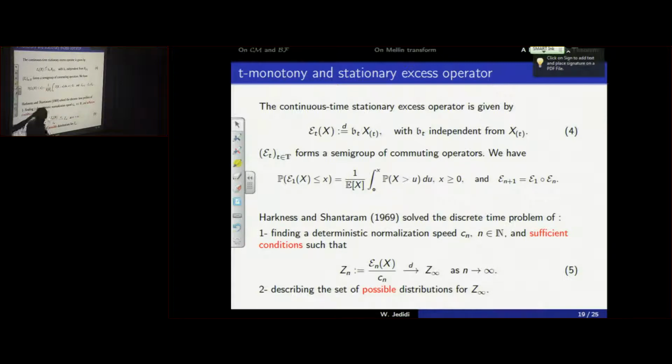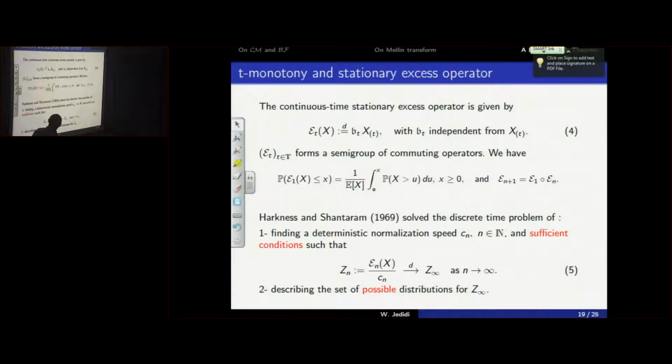Then, if you look at the nth iterate of this operator, E_n applied to X, this is a realization of the distribution obtained by iterating this operator n times.